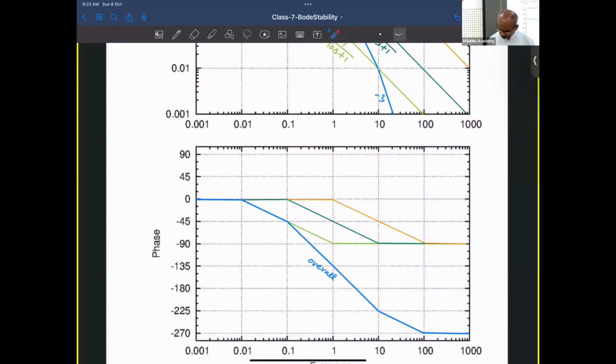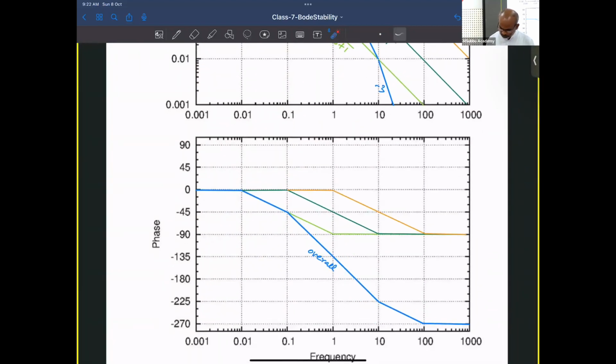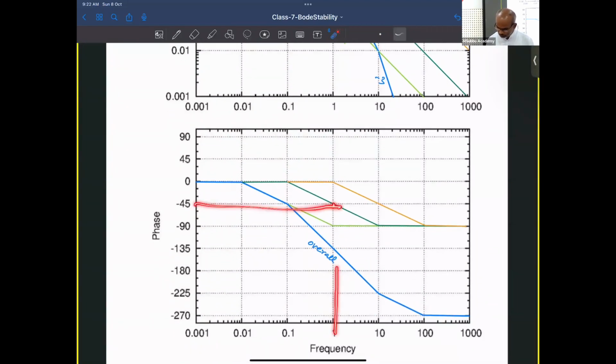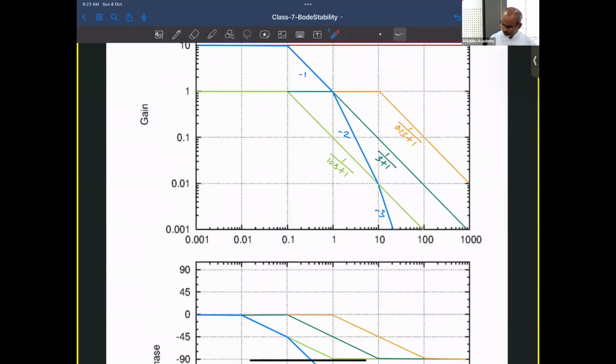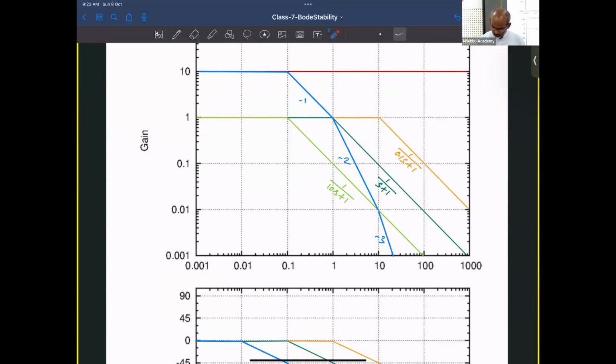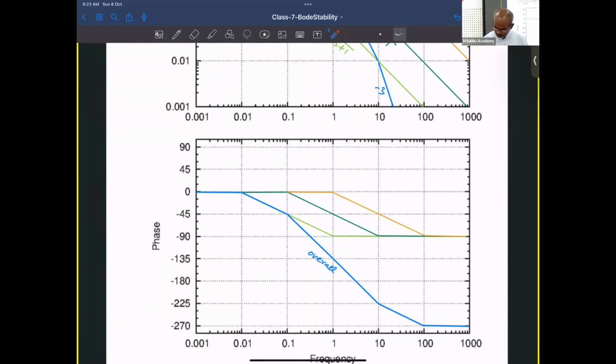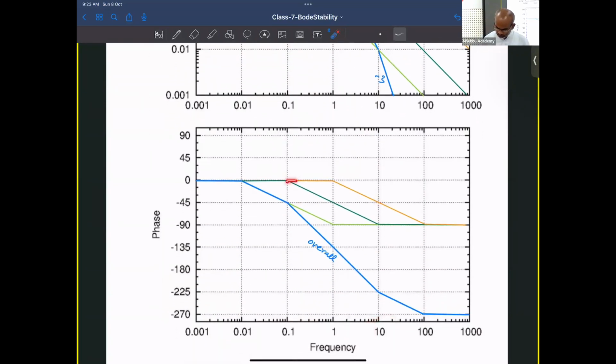For this, the phase angle is minus 45, simply a straight line. And for the next one, which is 1 by 0.1s plus 1, the corner frequency is 10. Till 1 the phase angle is nearly 0, and after that it follows this line.